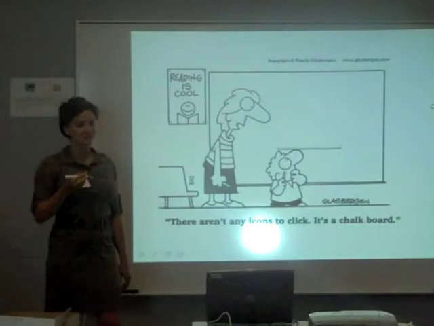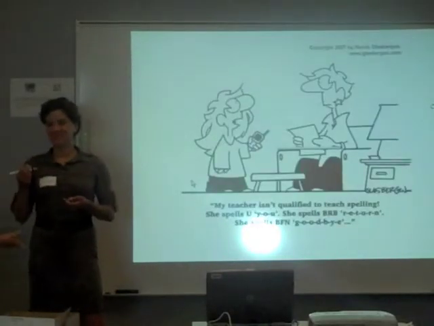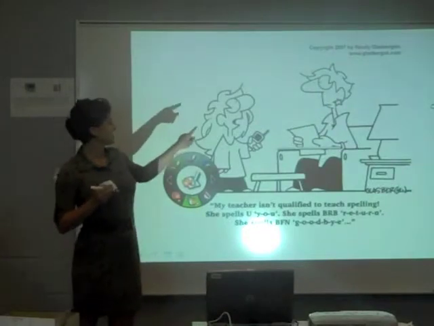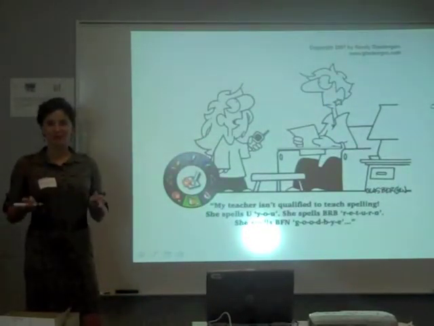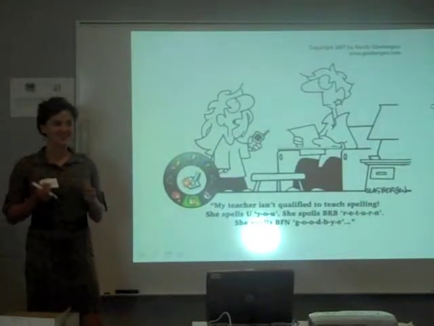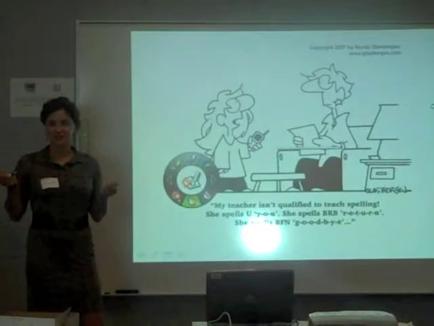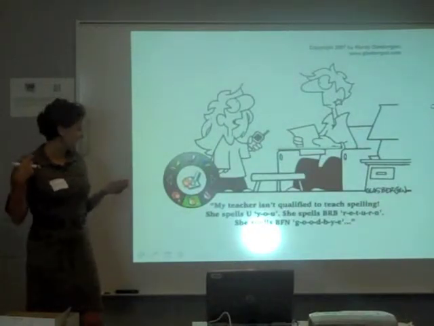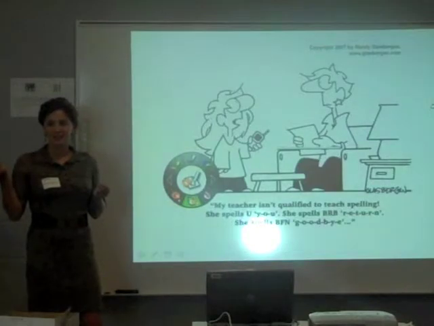The next slide is another cartoon, and it has a little kid, here she is, and she's telling her mom, my teacher doesn't even know how to spell. She spells "you" U-Y-O-U, everybody's texting. She spells "return" B-R-B, that stands for? Be right back. And BFN, bye for now.